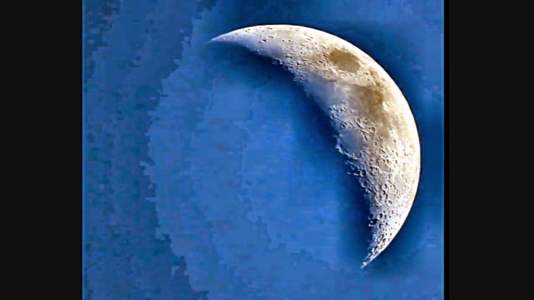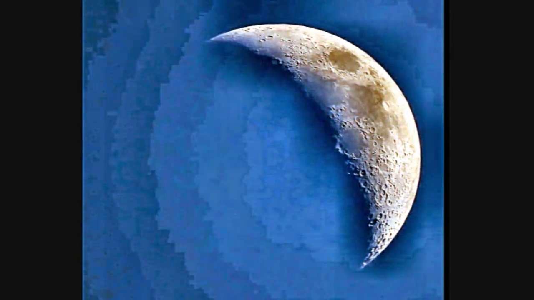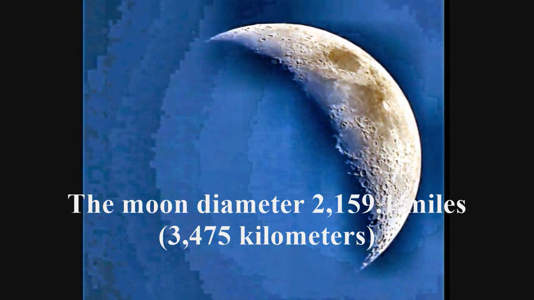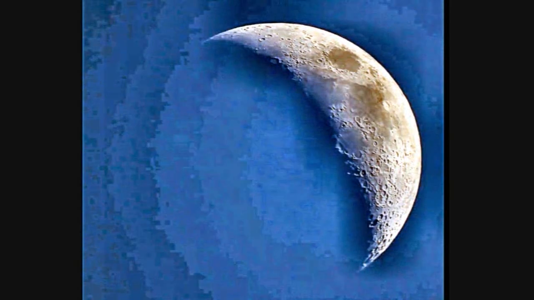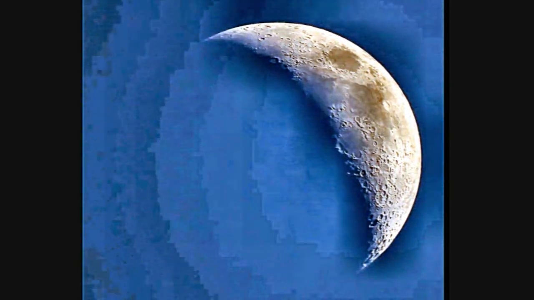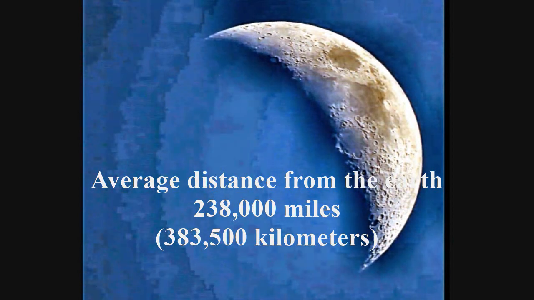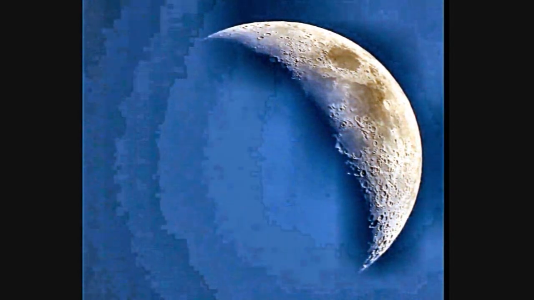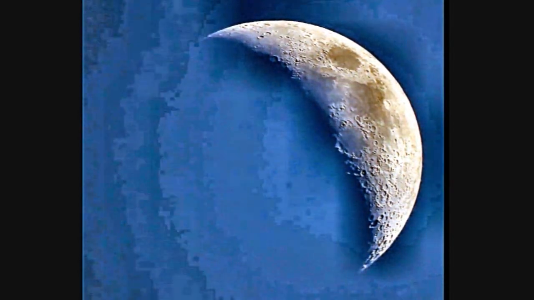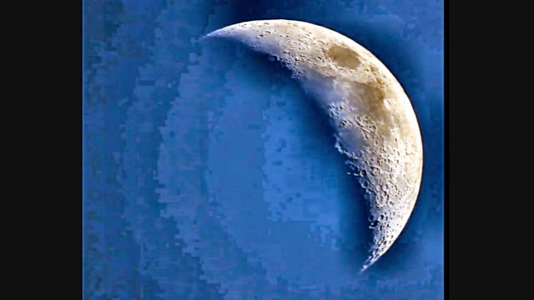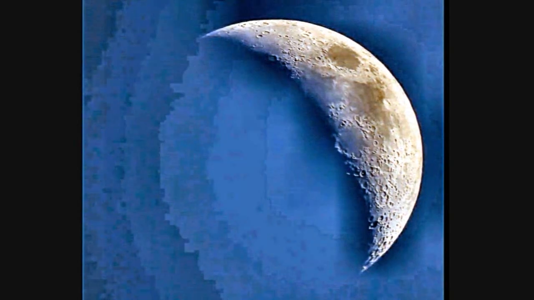Now, the moon is supposed to be a globe that has a 2,159 miles diameter. And the average distance from the planet Earth is 238,000 miles. Okay? Now, how is it that we are going to get half of this globe on view and the rest of it, or most of it, disappear from view?